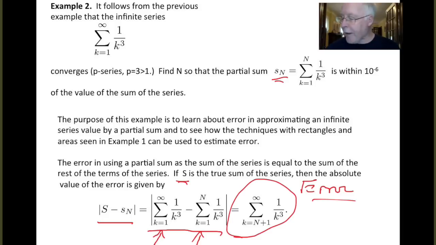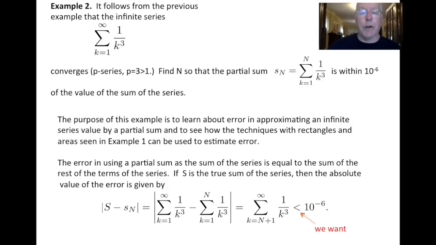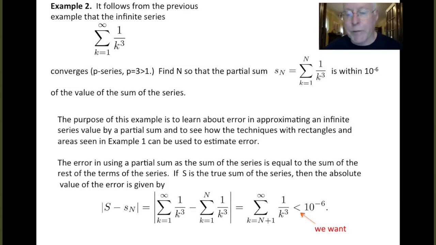Now, how big is that? Well, that's where the rectangle pictures help us. Now, we want this error to be less than 10 to the minus 6, so what we're going to do is take a look at this sum and see how big n has to be to make that sum less than 1/1,000,000th. So this is what we want. What should the n be so that this inequality is true?